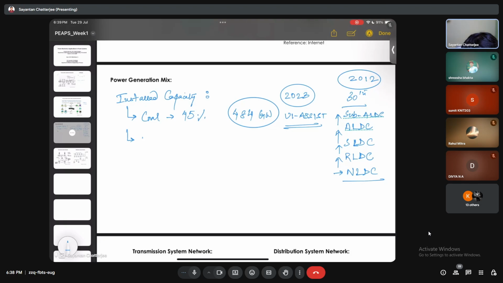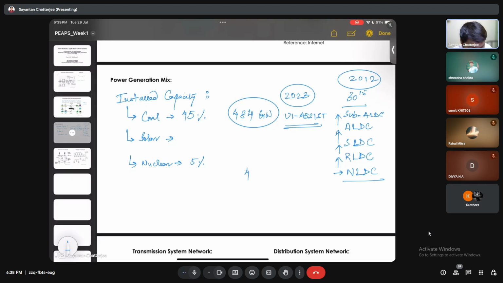I would rather say solar first. Solar is the biggest participant on the renewable side, and nuclear is around 5%. These are more or less rough values, but total fossil fuel based has reduced to less than 50%.